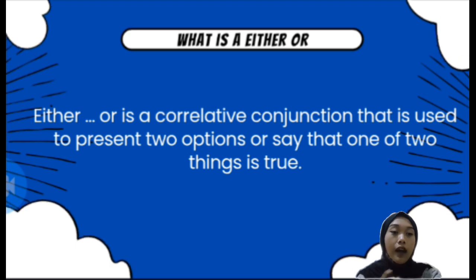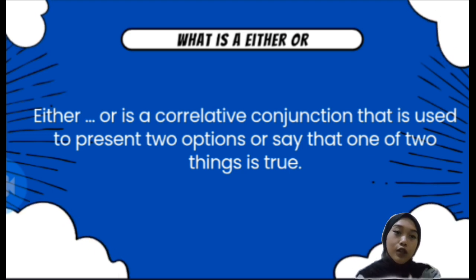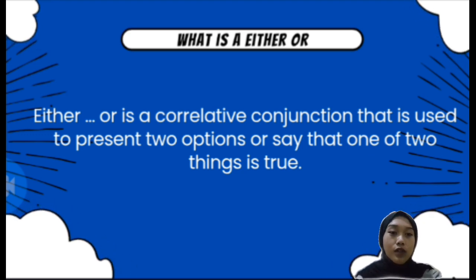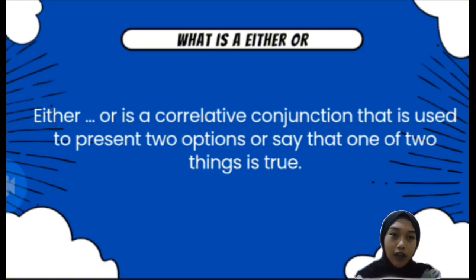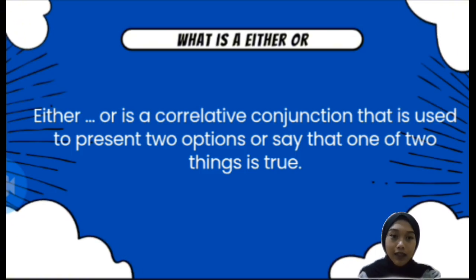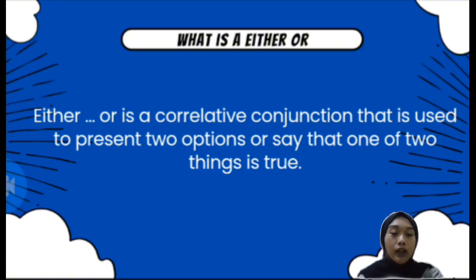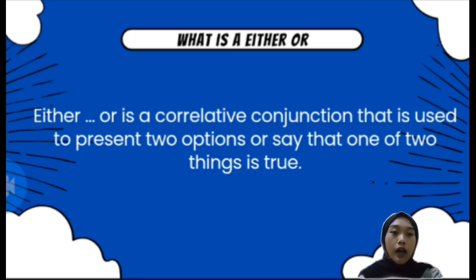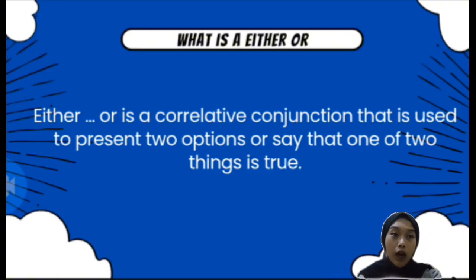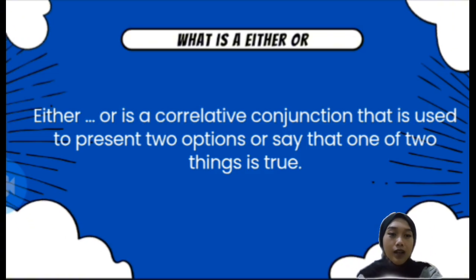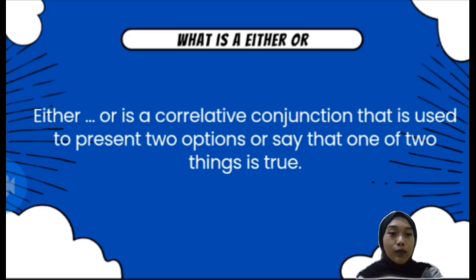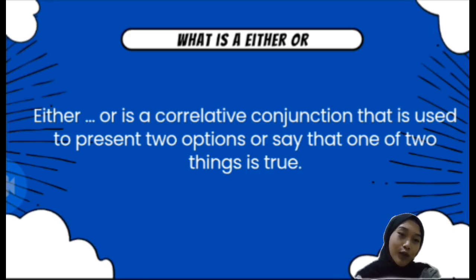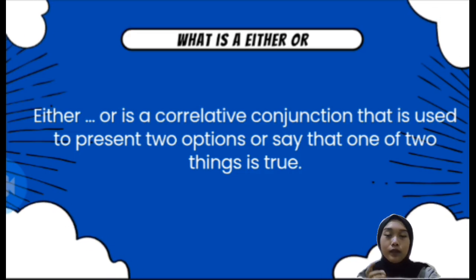The pair either/or is used to indicate two choices or alternatives in a sentence. The two parts connected by this structure must be grammatically parallel. This is known as parallel structure, such as two subjects, two verbs, and two objects.